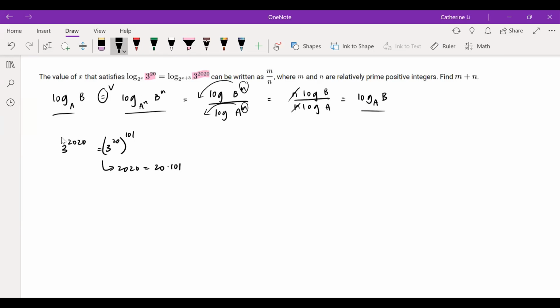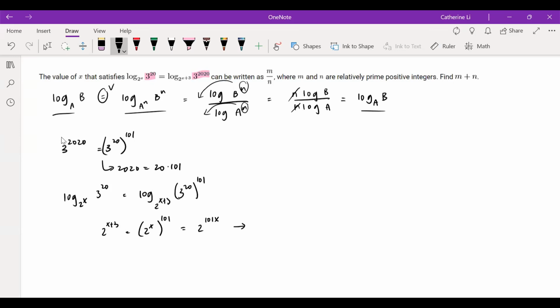So we can use the rule that we just looked at and say that if log base 2 to the x of 3 to the 20 equals log base 2 to the x plus 3 of 3 to the 20 to the 101, that means that 2 to the x plus 3 has to be equal to 2 to the x to the 101, and this is just 2 to the 101x.